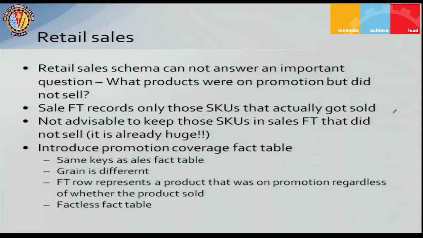Now let us look at retail sales. The retail sales schema cannot answer an important question: what products were on promotion but did not sell. The sales fact table records only those SKUs that actually got sold. It is not advisable to keep SKUs that did not sell in the sales fact table, because it is already huge, with many million records.